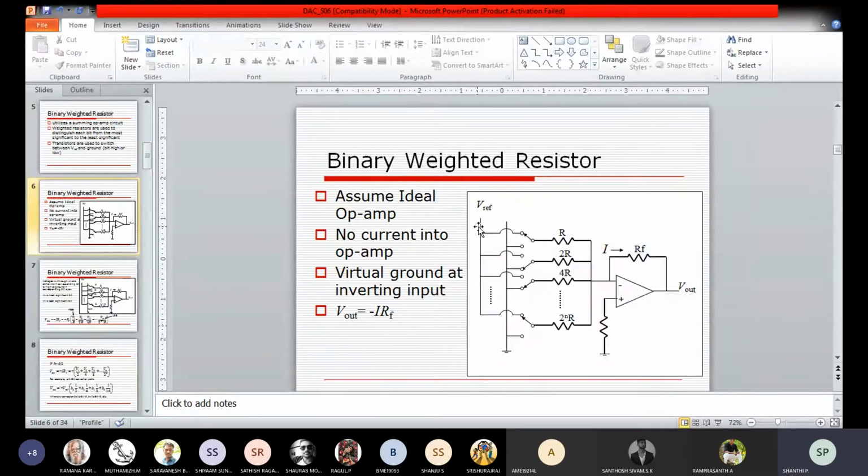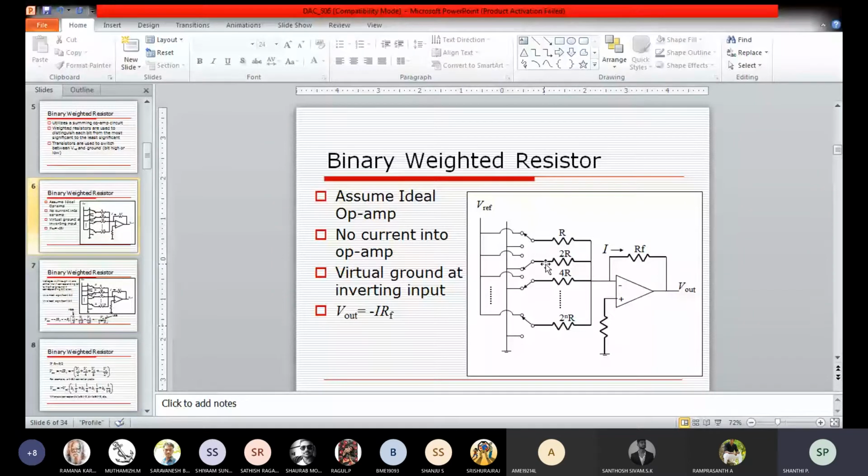V reference is considered the high voltage, that's 5 volt, or similarly this one grounded, so maybe this toggling switch connected at the ground means only zero value is fed to the inverting input terminal. Okay, here see, switch 1 of the R network is connected to the V reference, so output is getting from this R network. Here input is applied to the R network.